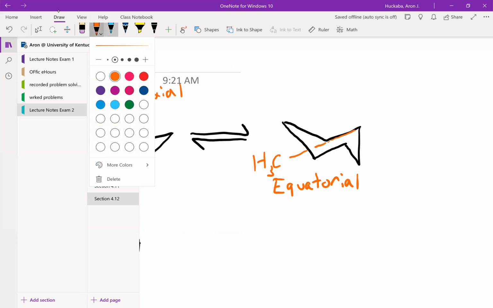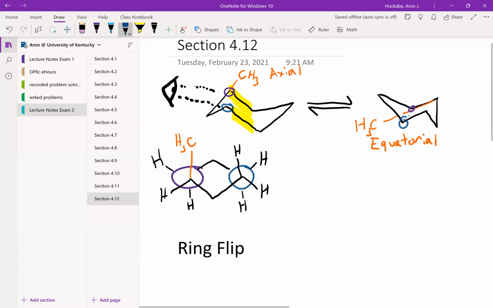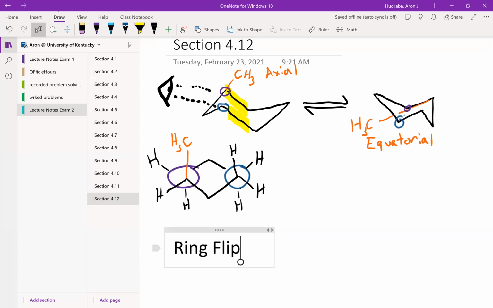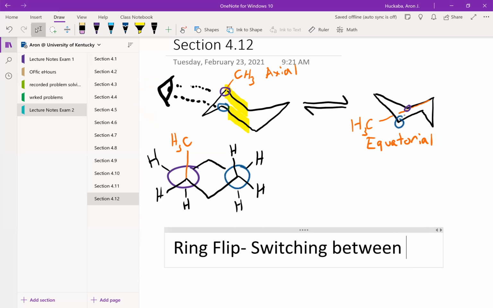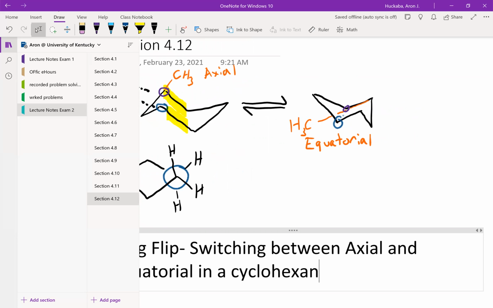And we can look at those same two carbons that we looked at before and see how that changes the Newman projection. So here, when we're writing a ring flip, we can say that it is the switching between axial and equatorial in a cyclohexane chair conformation.